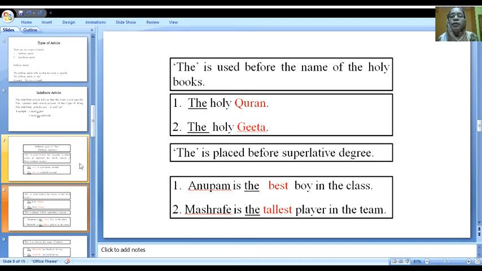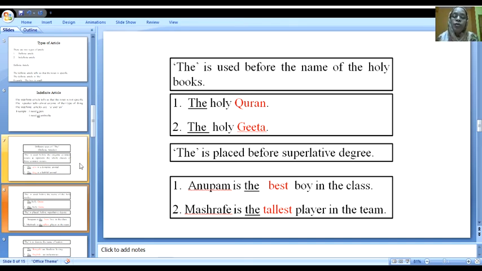Then the can be used before the name of holy books. Example, the Holy Quran, the Holy Gita. And number 3, the is placed before superlative degree. That means a superlative degrees of adjective. You know, adjective has 3 degrees: positive, comparative and superlative.